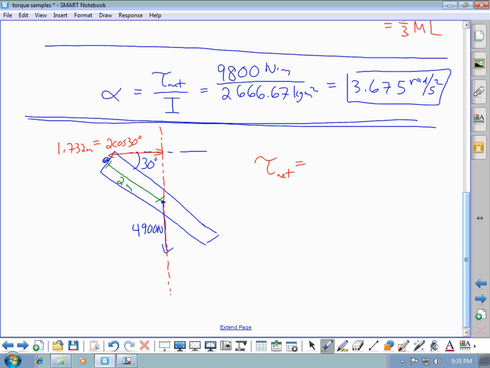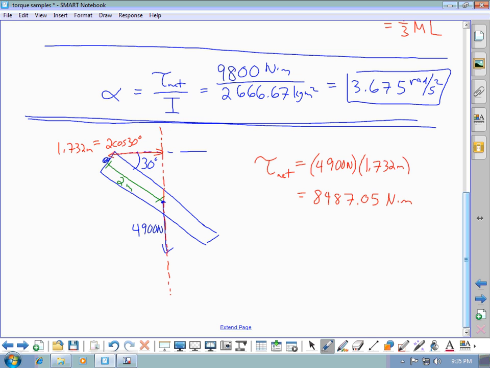So now the net torque is going to be 4,900 newtons times 1.732 meters. So that gives a torque of 8,487.05 Newton meters.